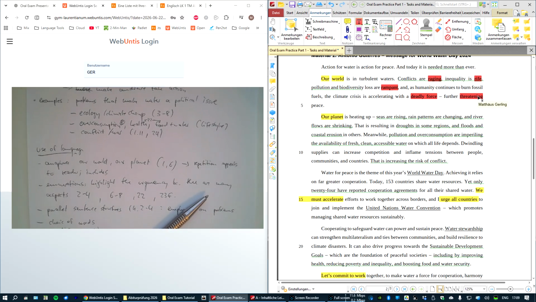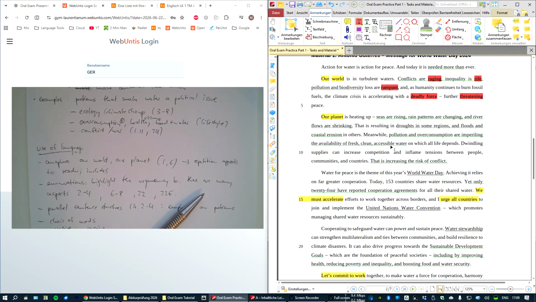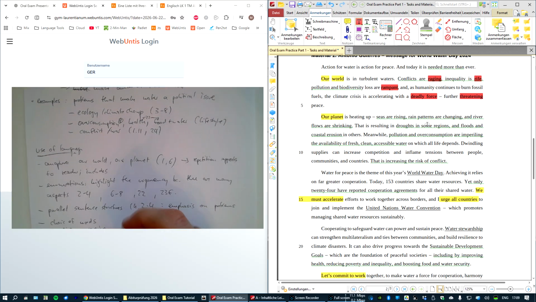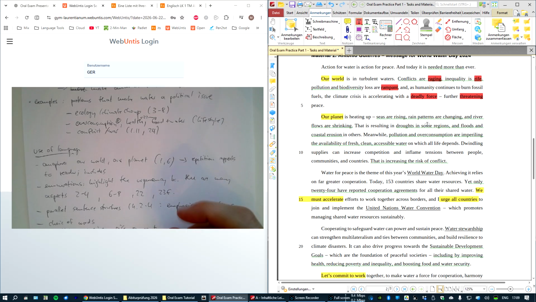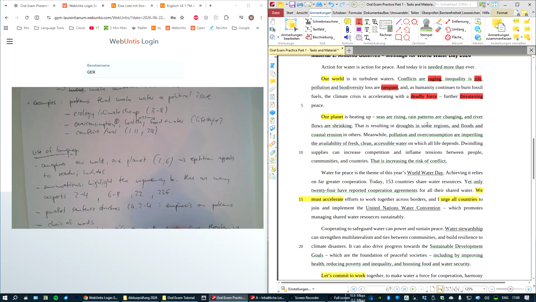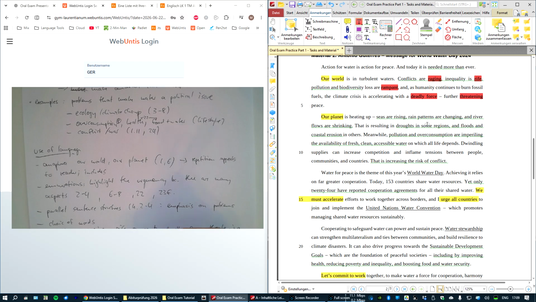Yeah, there's quite a number here at the top. Rife, rampant, deadly force, threatening. And these three, alliteration even, makes it stick in the reader's head, of course.